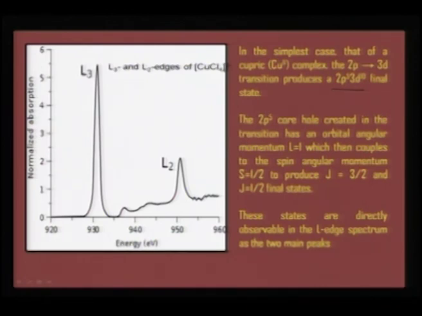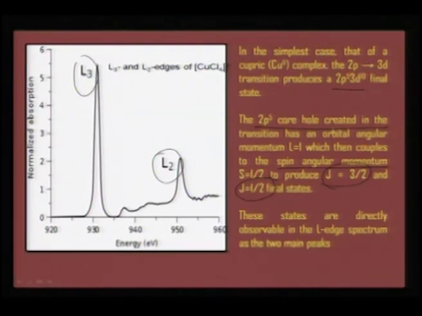The 2p5 core, which is created in the transition, has an orbital angular momentum which couples with the spin angular momentum. Therefore, it produces two states, j equal to 3/2 and j equal to 1/2, and these come out as X-ray peaks which we call L3 and L2.